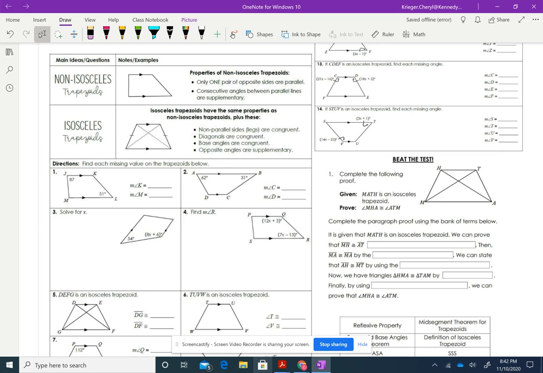We have 2 parallel sides, and we can say that the consecutive angles between the parallel lines are supplementary. So what that means is that this plus this equals 180. And then I'll do 3 and 4. So this plus this is 180. So that's the consecutive angles between the parallel sides, right?